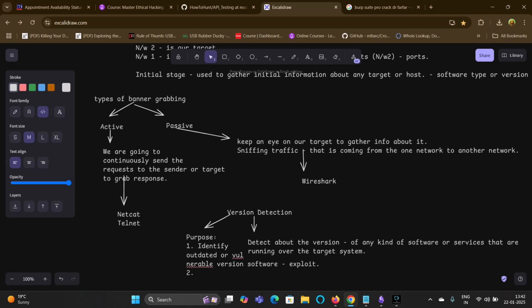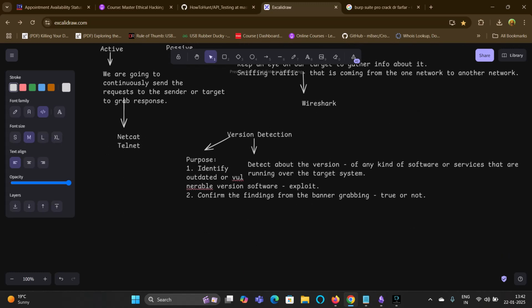Number two, we need to confirm the findings from the banner grabbing, that is, whether the information we got from banner grabbing about this particular software, such as an outdated version, is actually correct or not. I hope the purposes are clear to you, and you now know why we need version detection.